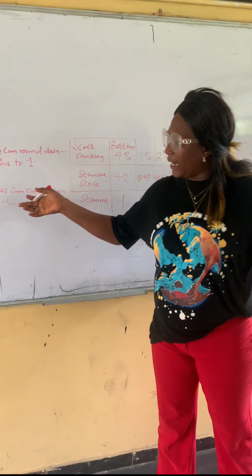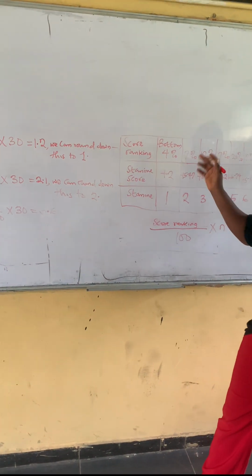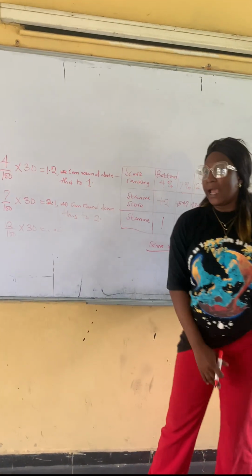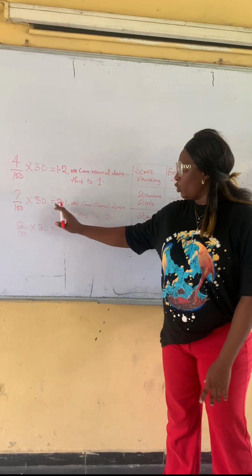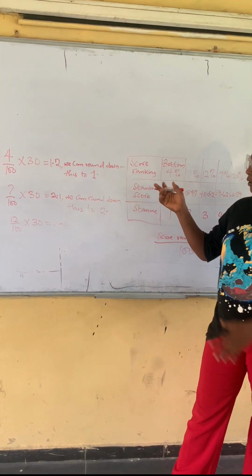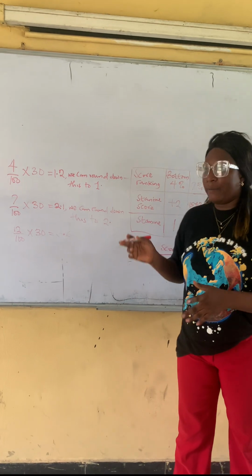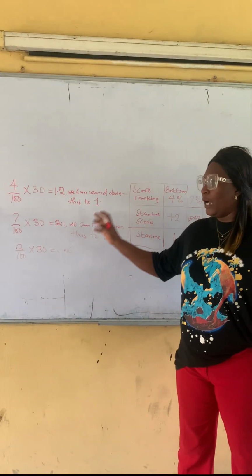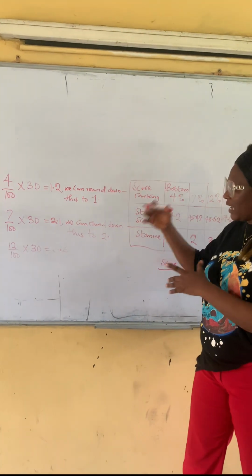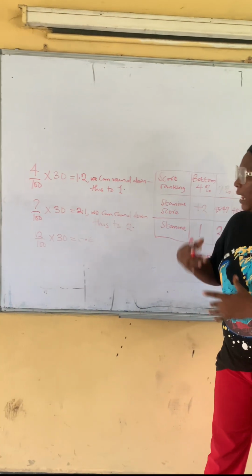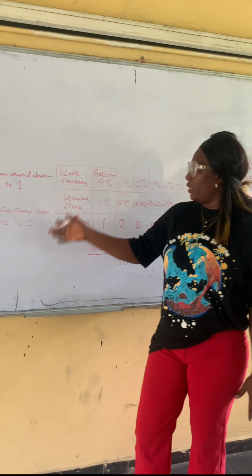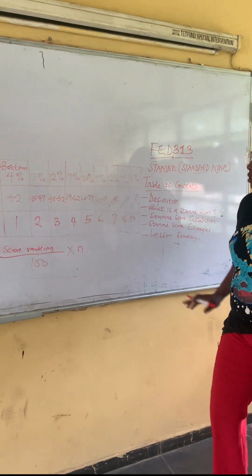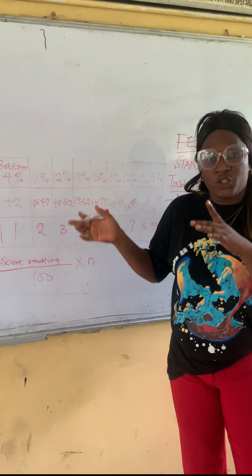Then we move further to the next Stanine ranking, which is the 7%. It's going to be 7 divided by 100 multiplied by 30, and we're going to have 2.1. As I've explained earlier, there is no way we can have 0.1 of a student. So definitely we are going to round down to 2. The process goes on like that till we reach the end of our calculation, which is the top 4%. It is very easy to calculate.